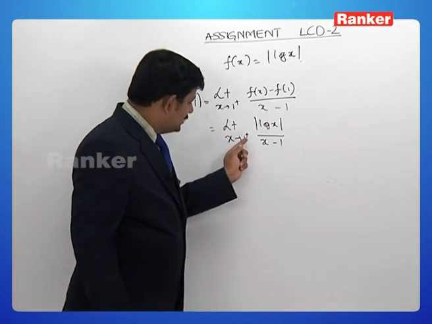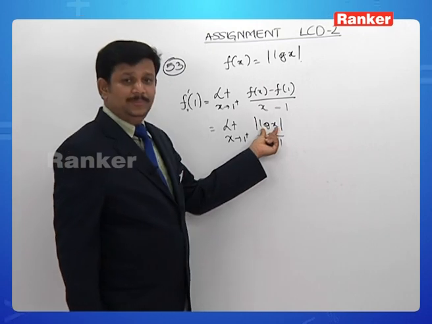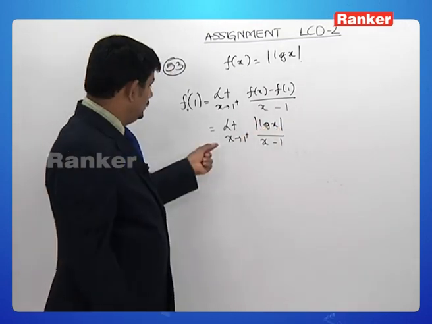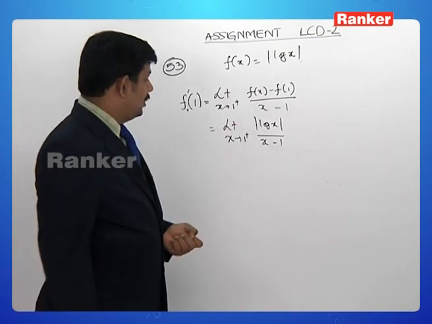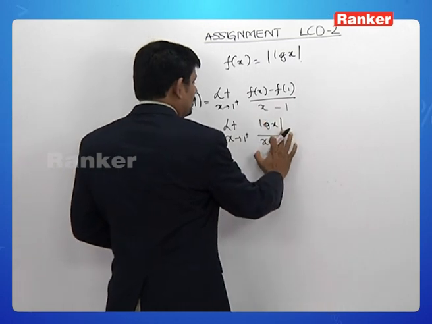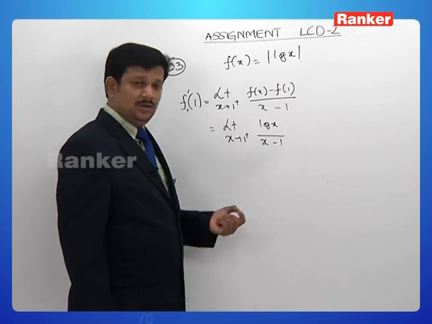Now when x is slightly greater than 1, log x will be positive. Log 1 is 0, log is an increasing function. When x is greater than 1, log x would be greater than 0. As log x is positive, mod log x can be written as log x.